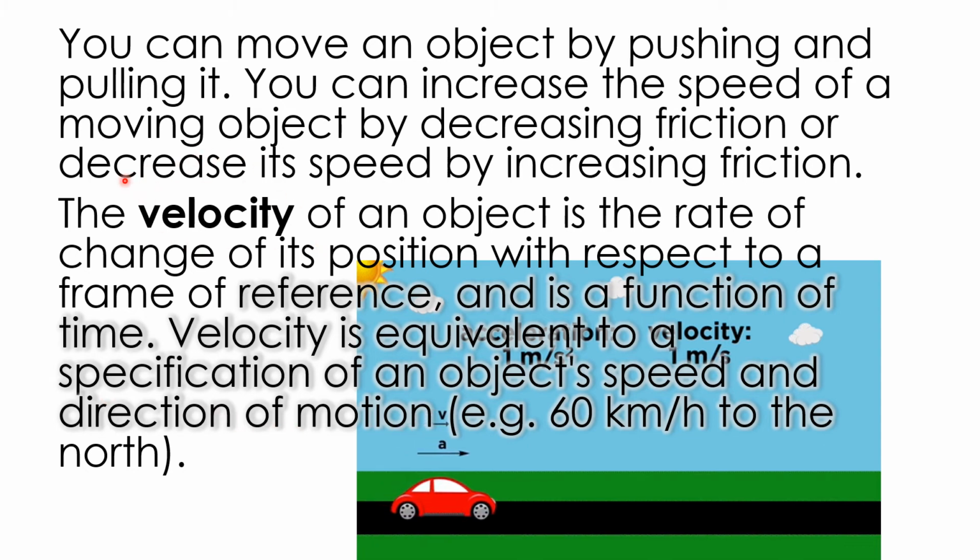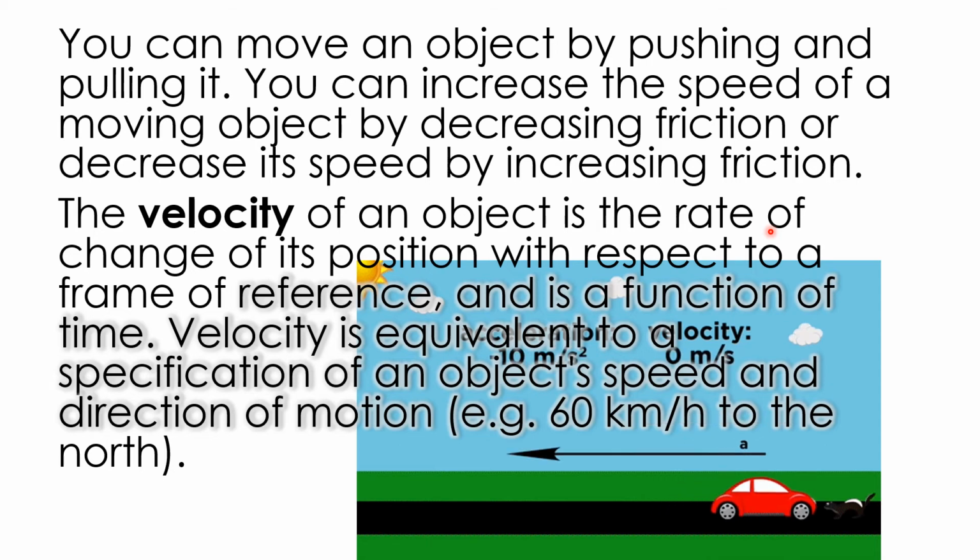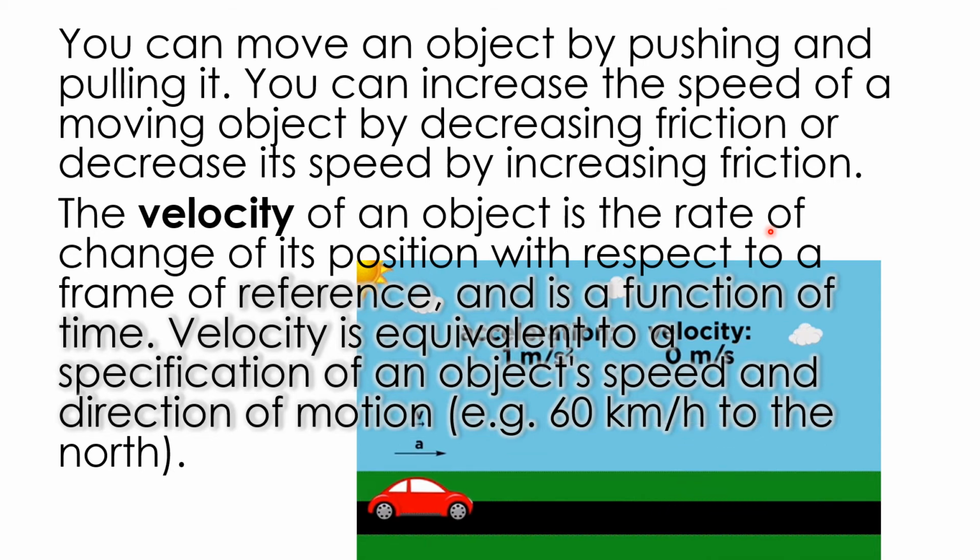So, when we say velocity, there is a rate of change, rate of motion. Pag sinabi natin rate of motion, that is the speed. But, the velocity is not only the speed. There is the speed and direction. Halimbawa, ano ang bilis niya? 60 km per hour.